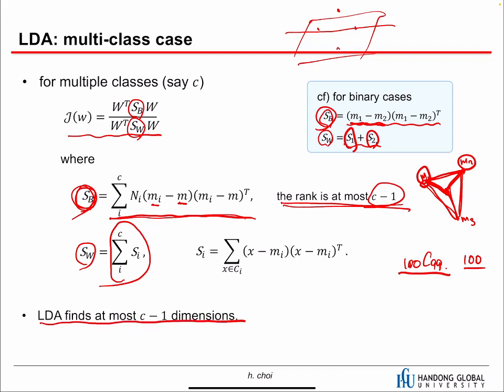When the samples are in a high dimensional space, like 1,000 dimensional space, but we have just 10 classes, like MNIST data, then when we apply LDA, we can find just 9 dimensions because we have 10 classes. So don't try to find like 100 dimensions after LDA. That is the maximum dimension after LDA.